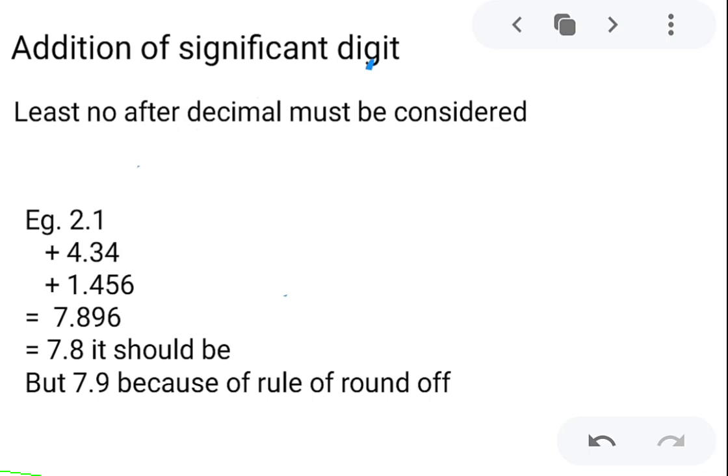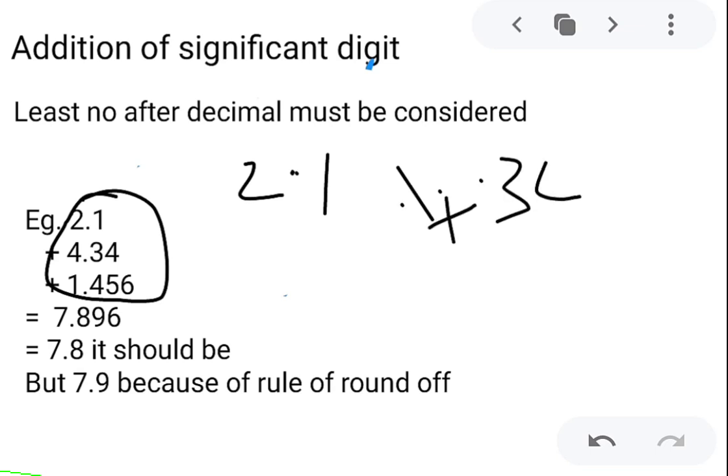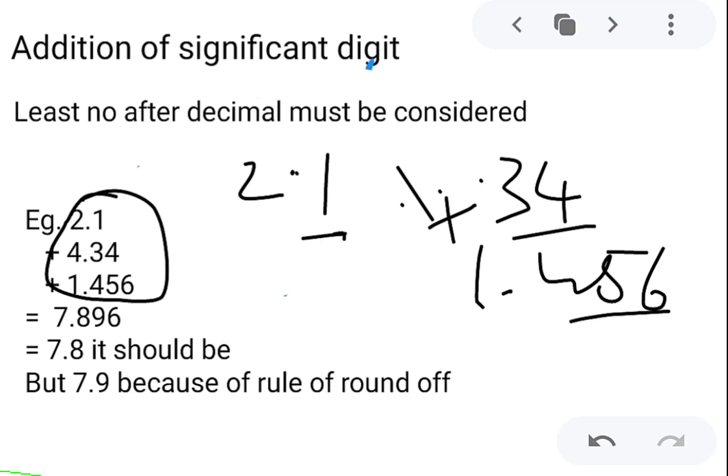Clear? Now in your numerical part, you will be asked to do the addition of significant digits. It is a very easy thing. For example, I have these three numbers, 2.1, 4.34 and 1.456. Here the significant digits after the decimal are 1, 2 and 3. Now I'll do a simple addition.